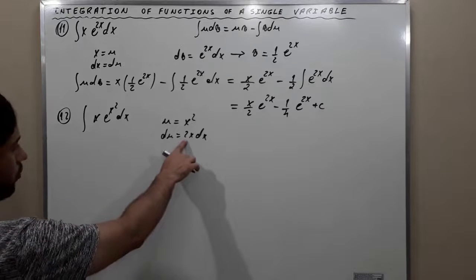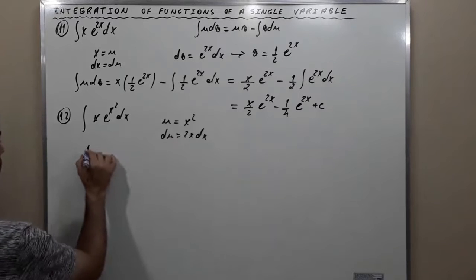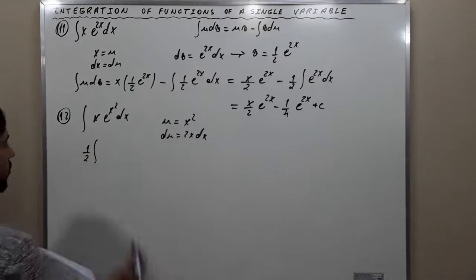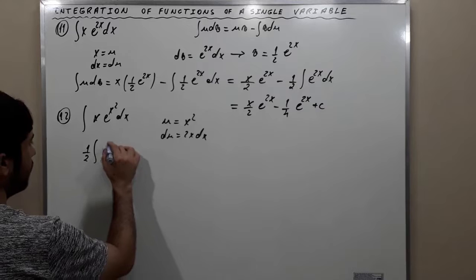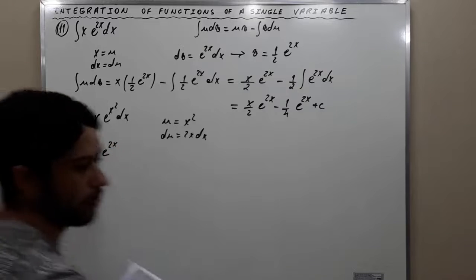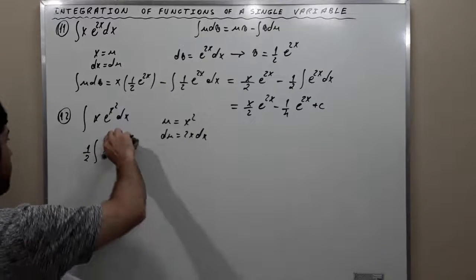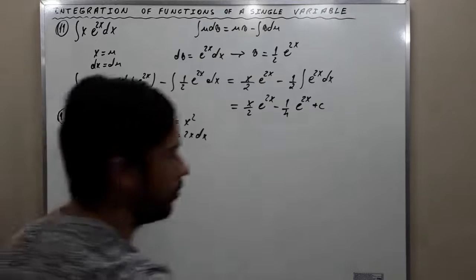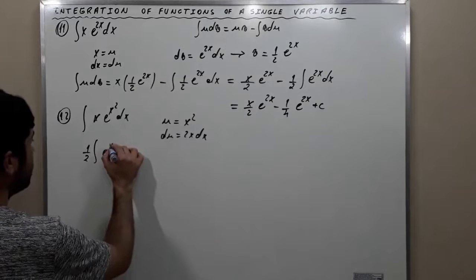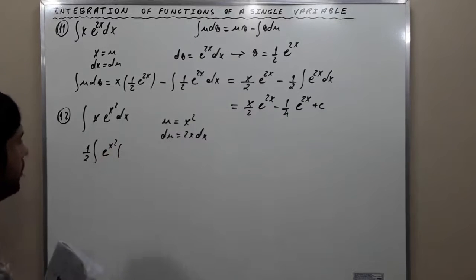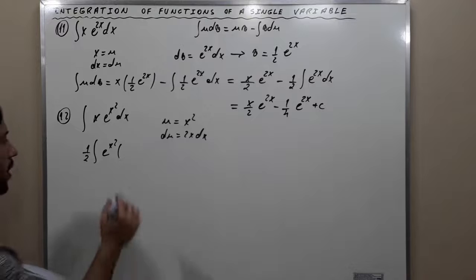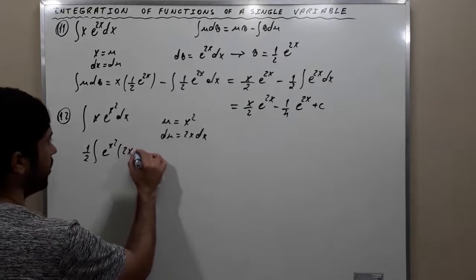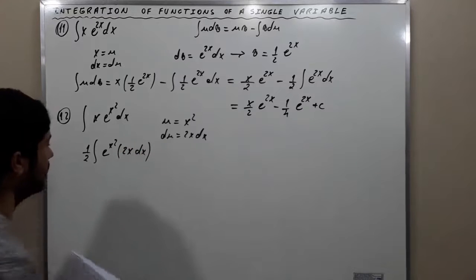To make this 2 appear here, we need to divide by 2, so it's going to be 1/2 of the integration of e raised to the power of x squared, and as I divided by 2, I can multiply by 2x dx.